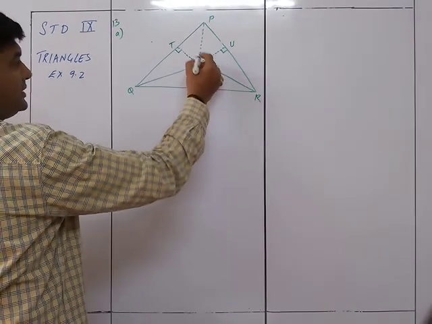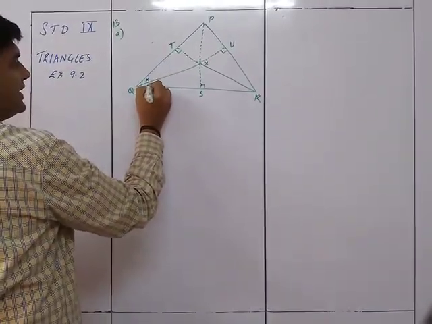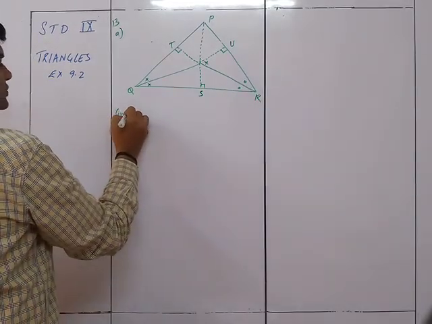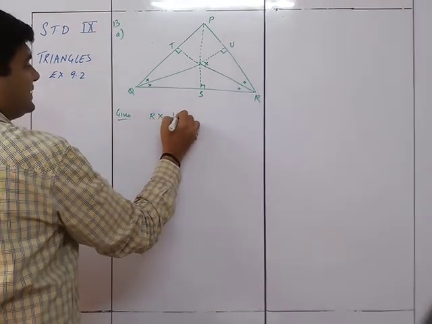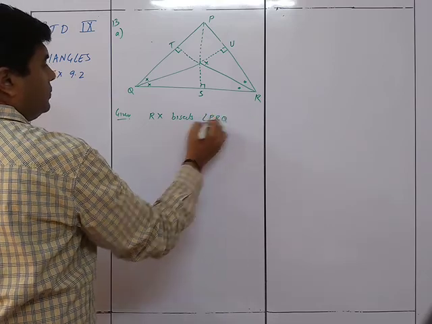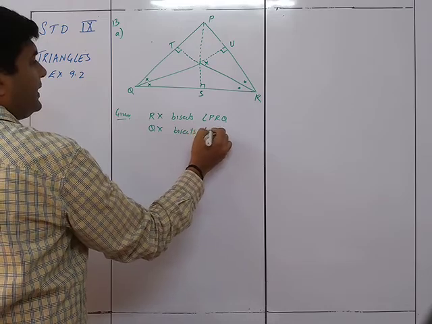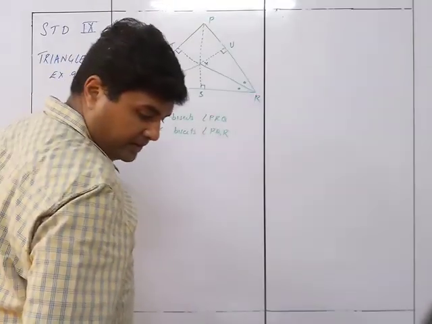So these are the bisectors, and this angle is equal to this angle is equal to this angle. Given: RX bisects angle PRQ, QX bisects angle PQR.